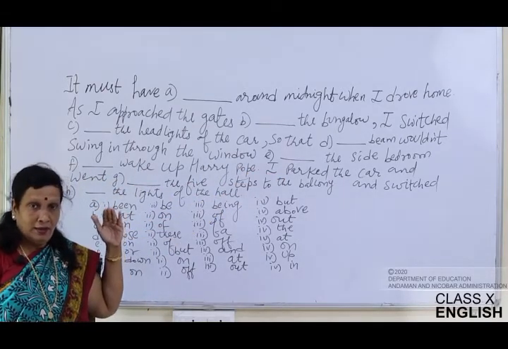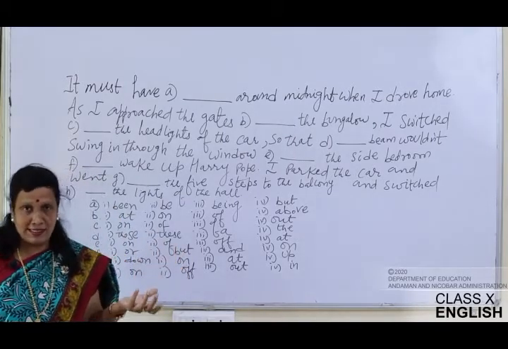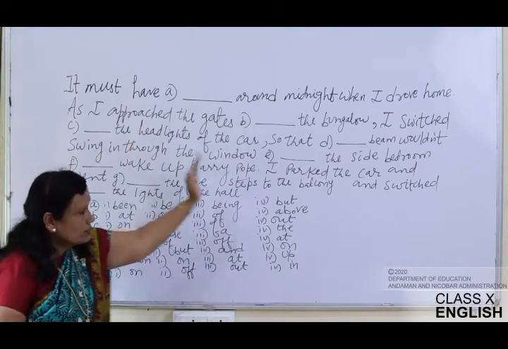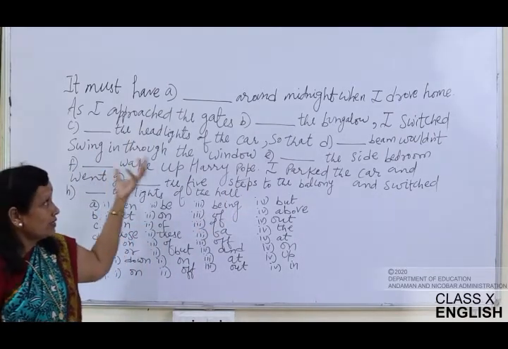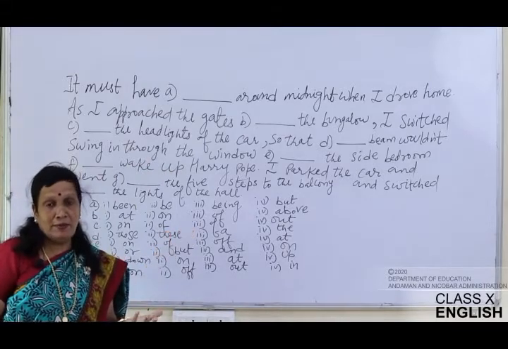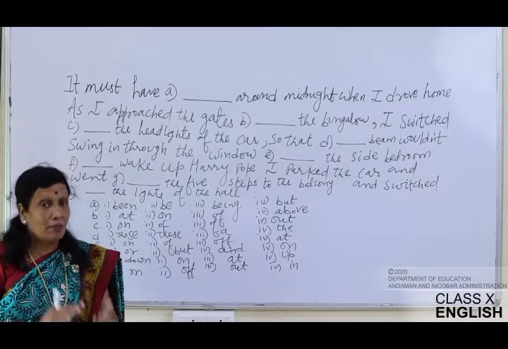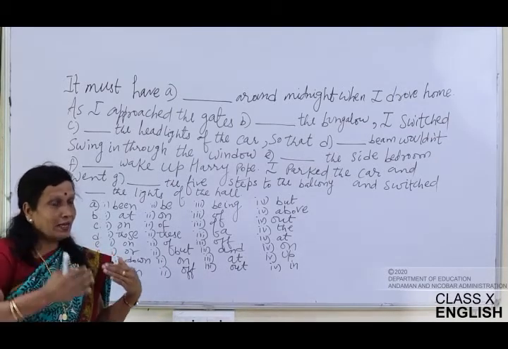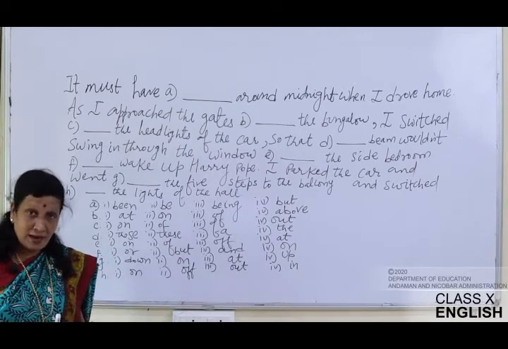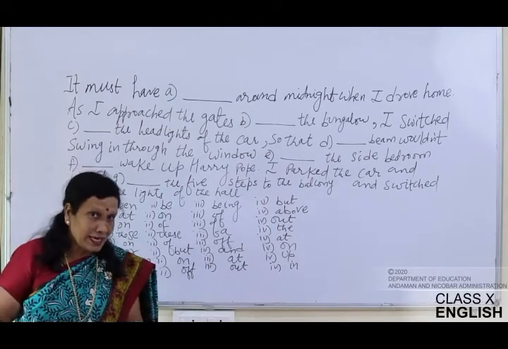Now, are you getting a clue of what the passage is about once we try to just read the passage? So, here it is about a person who has driven home back at midnight. So, what does he do? He comes back and he parks his car and then he does something with the lights of the car.